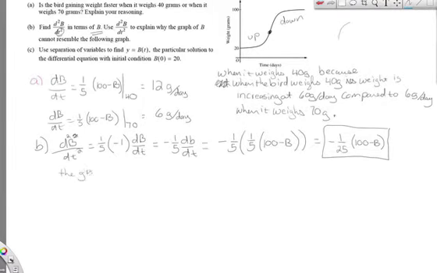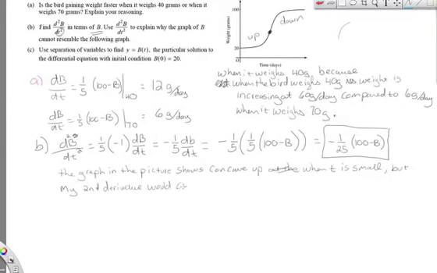The graph in the picture shows concave up when t is small, but my second derivative would be concave down.